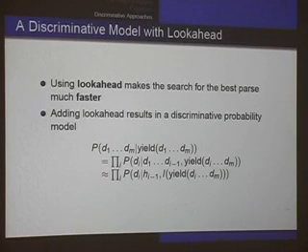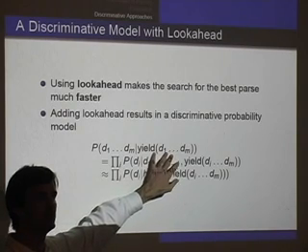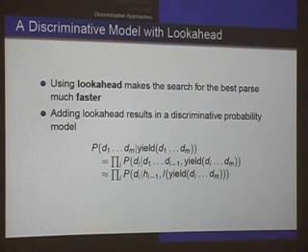Okay, very briefly, because I know people here are interested in speed, and because of the question about the search of the generative model, I defined a different probability model that includes the conditioning on the lookahead string. So the probabilities that you're using to search with are actually using that lookahead string.